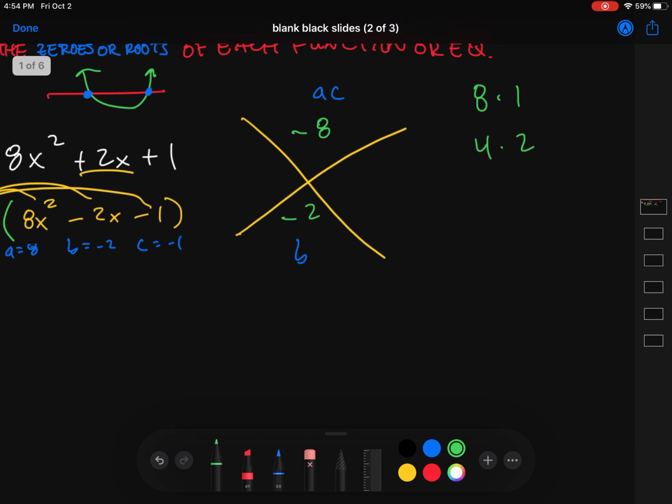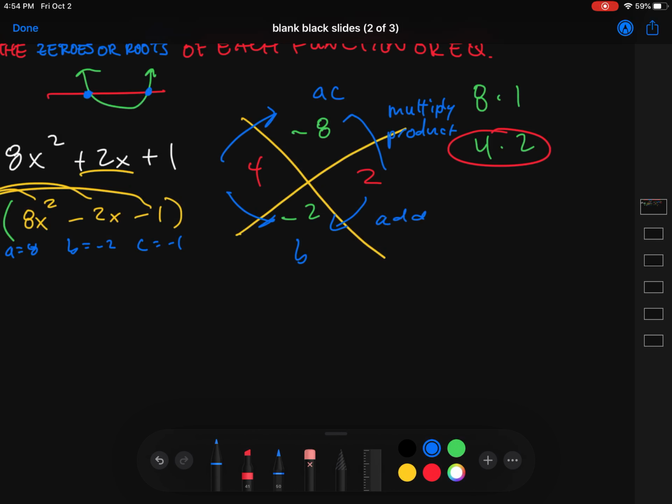Does any of those work? Yeah, I think this one works. 4 and 2. Remember, these have to multiply, or the product, and then these have to add, or their sum is -2. So I'm going to do a -4.